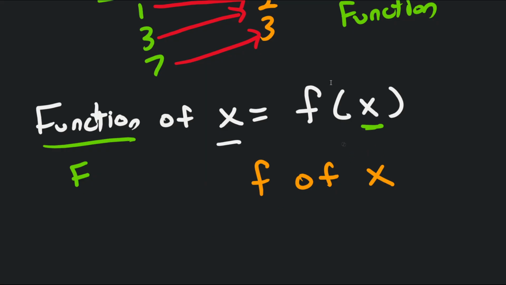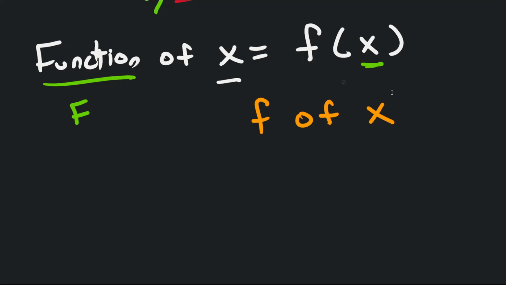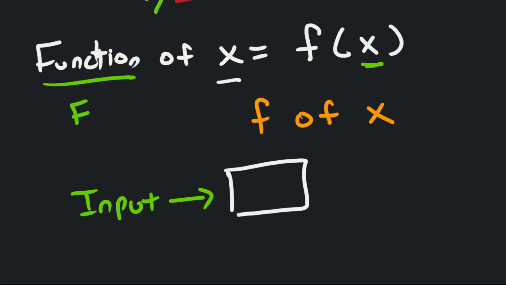So I want you guys to think of a function like a machine. So you put an input right here, and you put it inside this function. And then you will get an output.